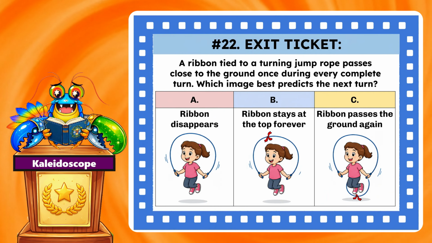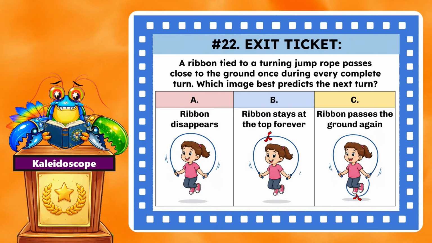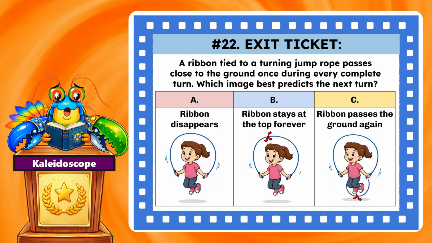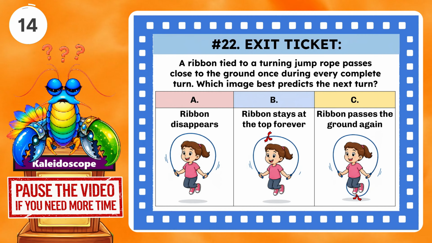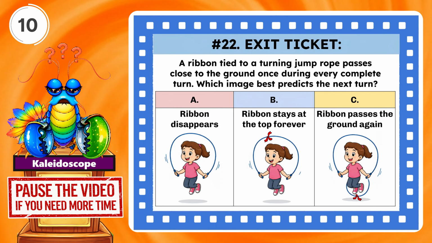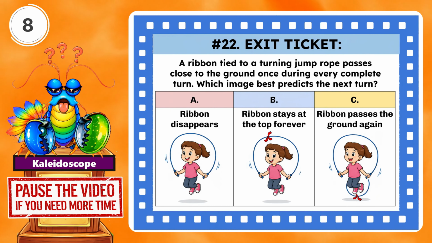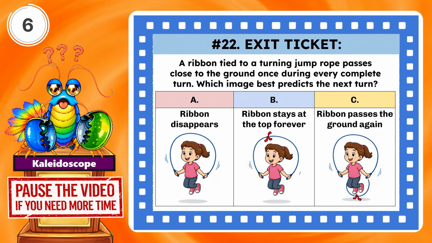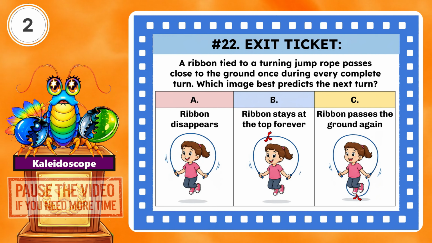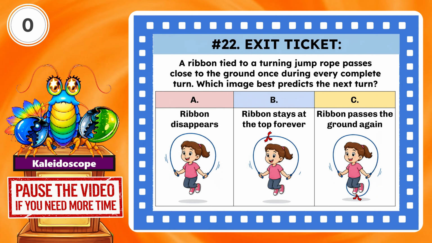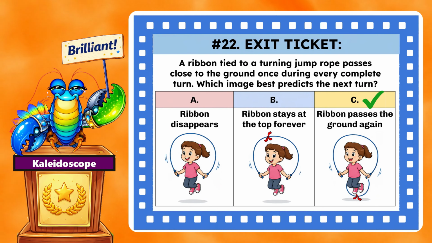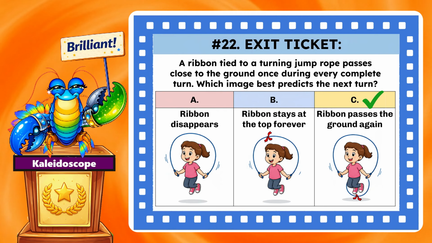A ribbon tied to a turning jump rope passes close to the ground once during every complete turn. Which image best predicts the next turn? And the correct answer is letter C, ribbon passes the ground again.